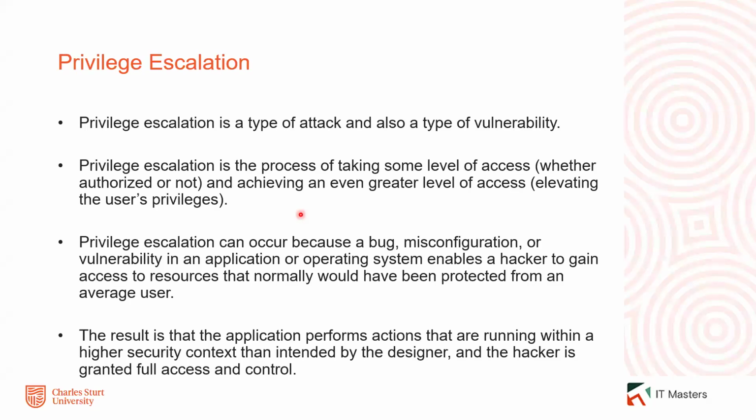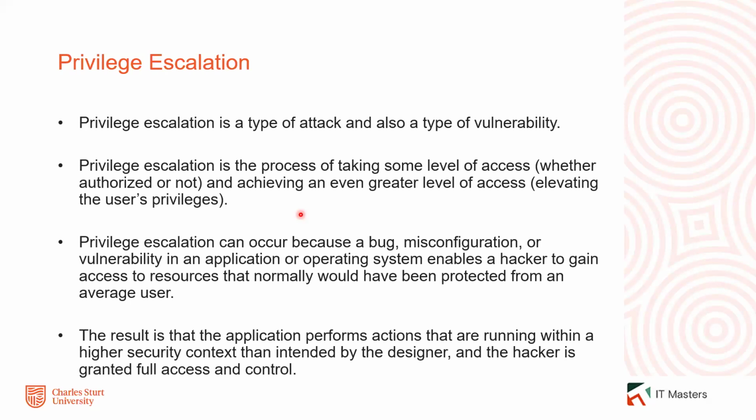All right, privilege escalation is then, once we've got into a system, the sorts of attacks that allow us to get higher levels of escalation. It is a type of attack, but it's also a type of vulnerability. So it's a process of getting a small level of access, whether you're authorized or not, and then achieving an even greater level through that initial access.